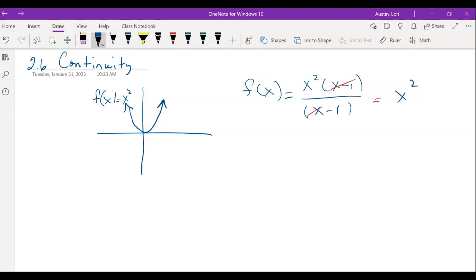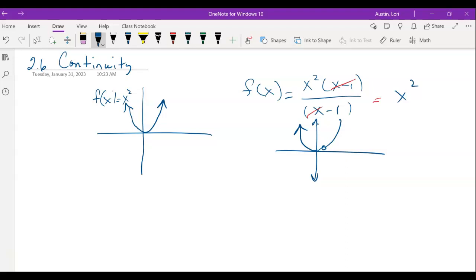When you sketch this one, you have to know to do what? At 1, I'm going to exaggerate the hole. All right, that looks a little weird, but you get the idea. You're not going to see it on Desmos, right? You wouldn't see it unless you took your little pen, your cursor, and then it said, oh, it's undefined there. Does the limit exist at 1?